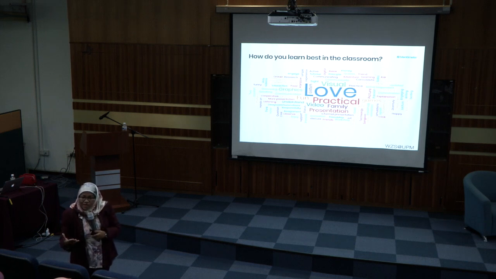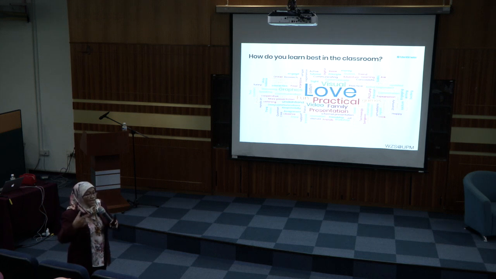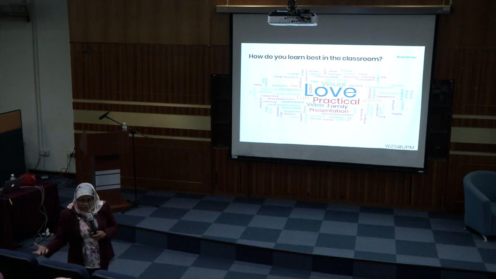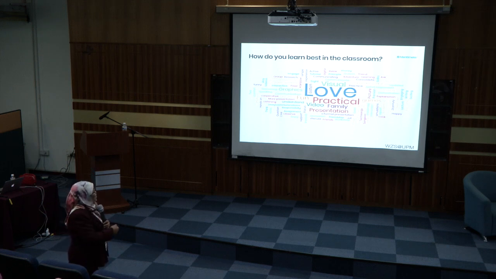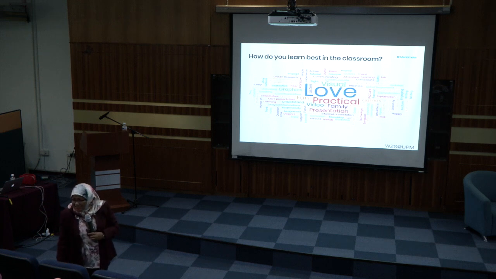They want it to be a big family learning together, loving each other, in a different setting. Your classroom is to be that kind of environment where the students feel comfortable to come in and learn together. This is really unexpected for me, to have the word love as the biggest one in how you learn best in the classroom.